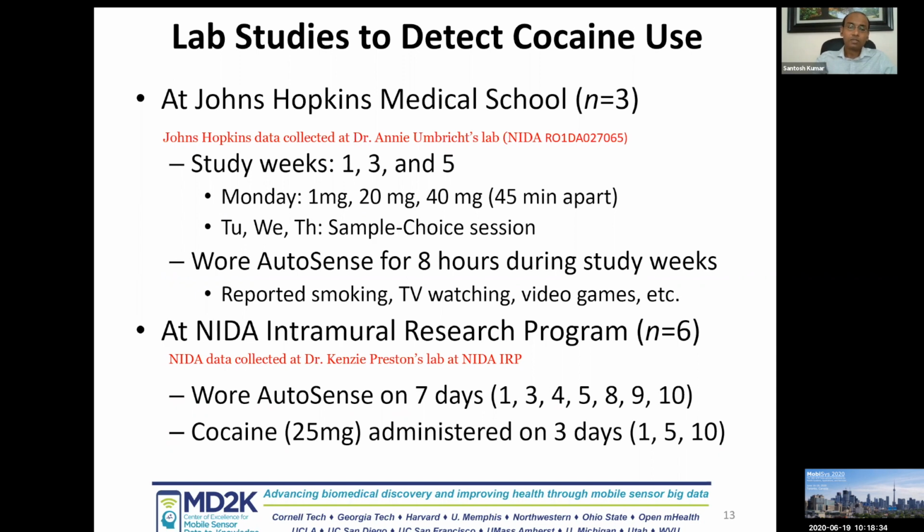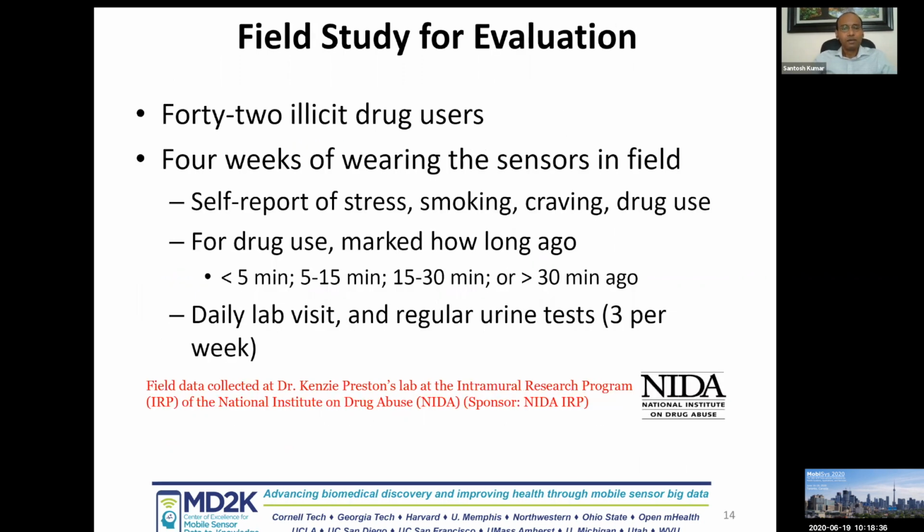Now, when it comes to the field setting, we recruited 42 drug users. They visited the lab daily, and they wore the sensors for 4 weeks in the field, and they self-reported when they used the drugs and how long ago it was. But we needed some other verification as well. They could forget to report that they used cocaine, right?